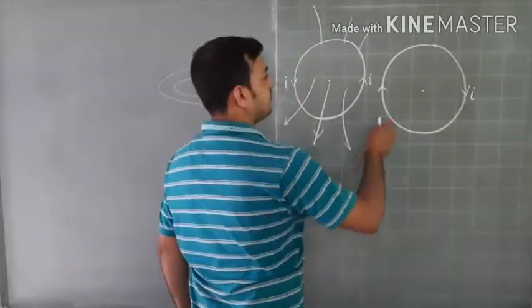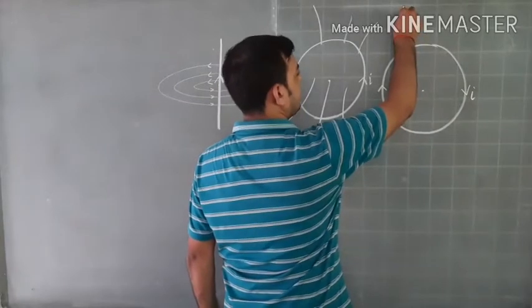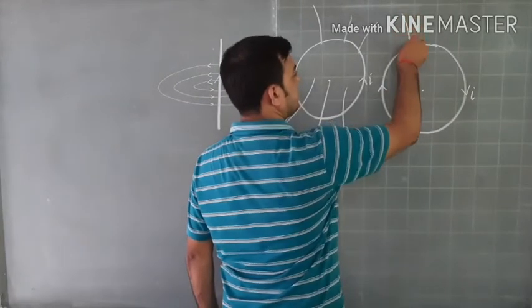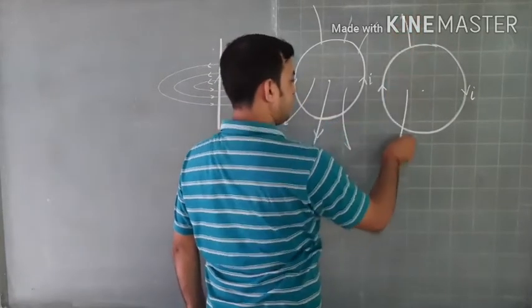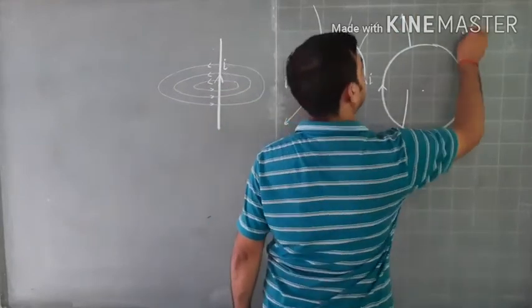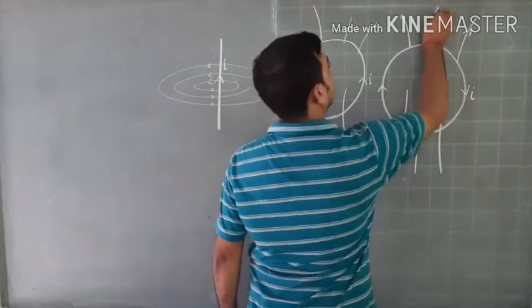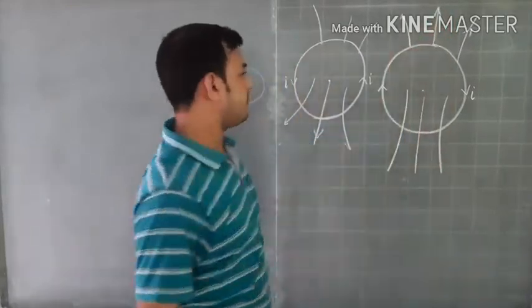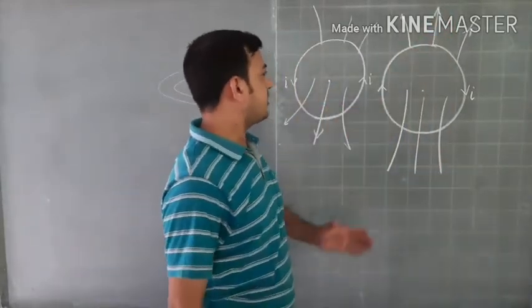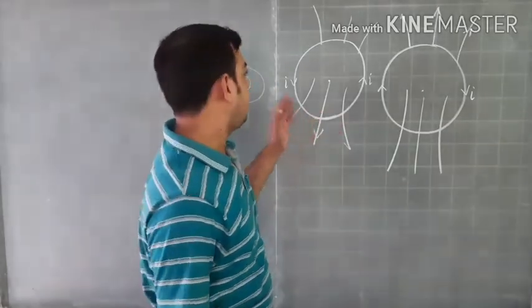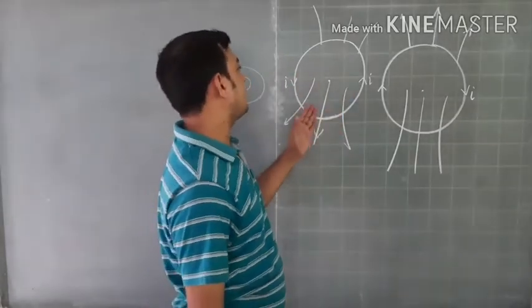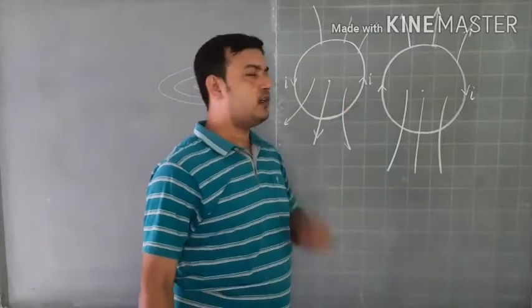So in that case, if I need to draw the magnetic field lines, it will be something like this. The magnetic field lines are entering from this surface and leaving the back surface. So this is the difference of the magnetic field lines when the current in the loop is anti-clockwise or clockwise.